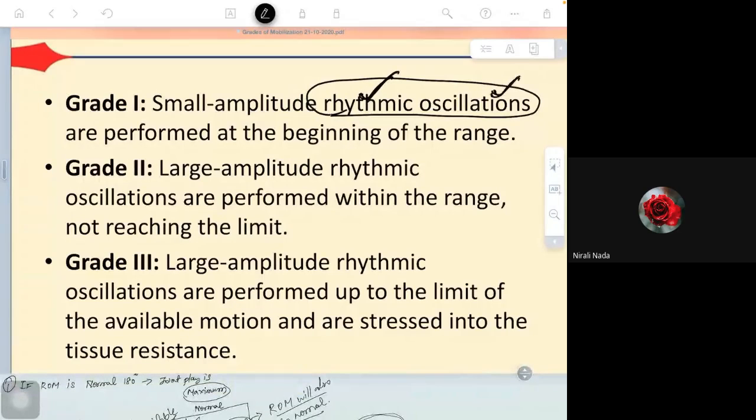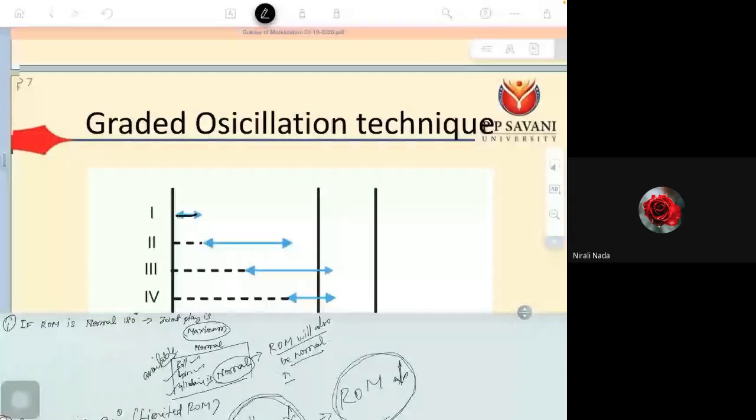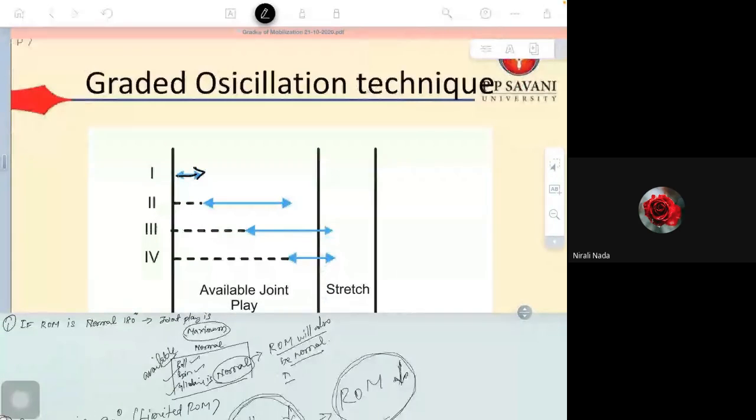Oscillation. That is why the arrow mark is given in both directions. Clear? It represents oscillation. If you are making a diagram in a single direction, it is not an oscillatory technique.